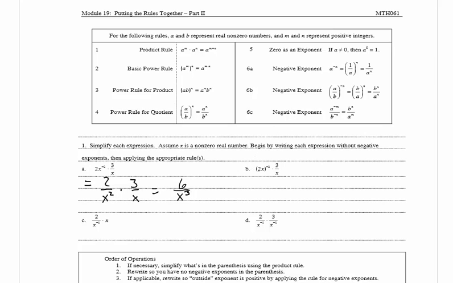In B, we have 2x to the negative 2 times 3 over x, and now our 2x is in parentheses. So the 2 is also going to be raised to the negative 2 power.